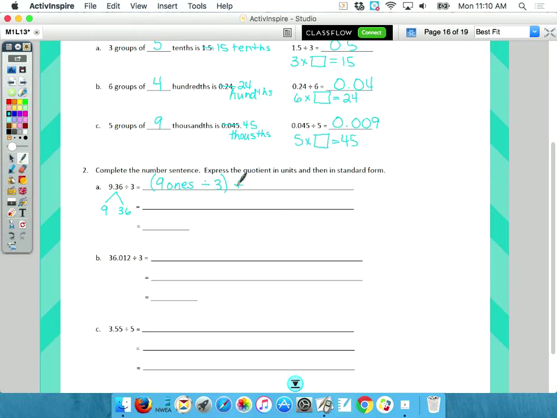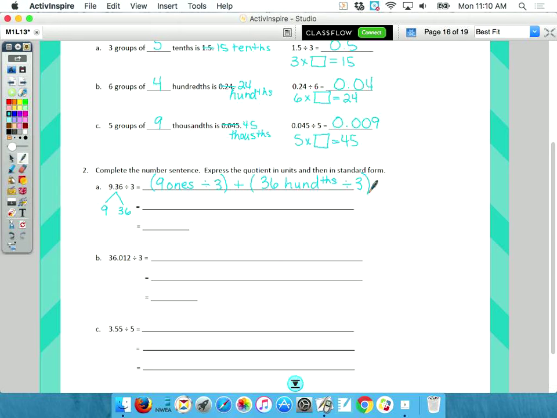Plus, what's left over here? 36 what? Hundredths. Why do you say hundredths? Because the 6 is in what place value? The hundredths. So it's 36 hundredths divided by 3.